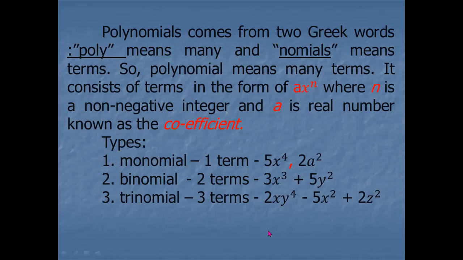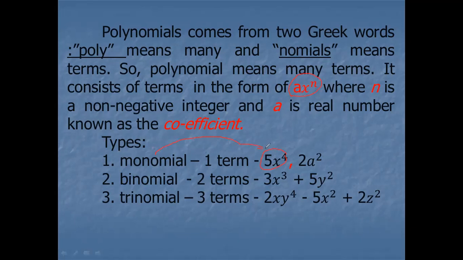Exponent we usually call the power. So you have terms in the form of ax^n. Just like here, this is one term, therefore it is called a monomial.